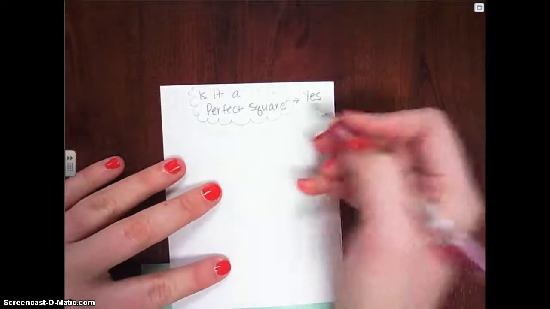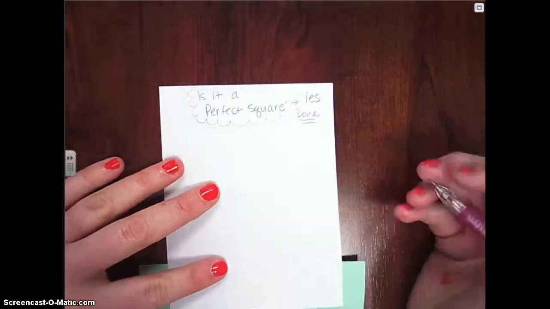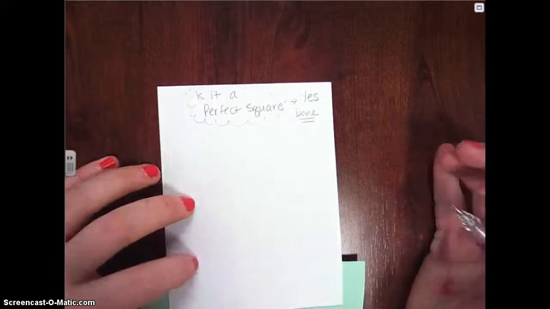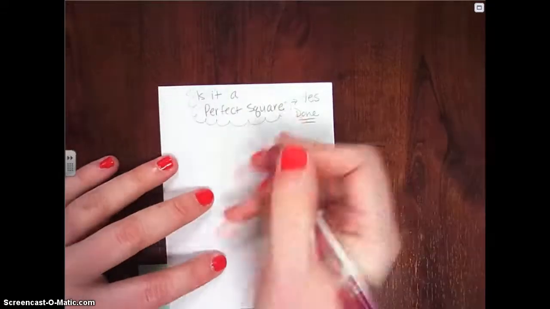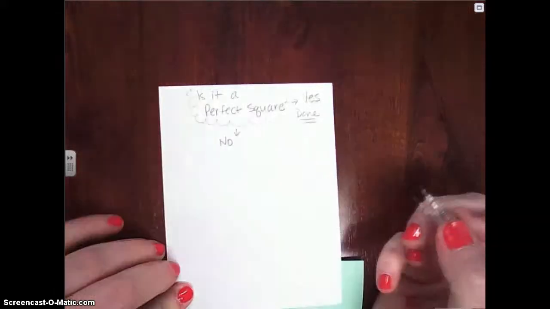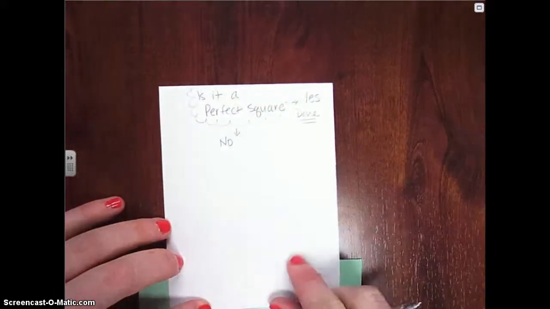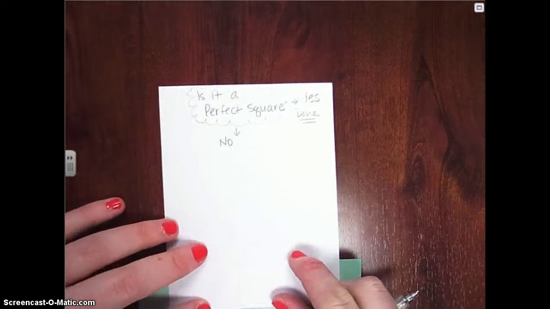And the answer is yes, you're done. Okay, you don't have to do anything, you don't have to simplify anything like that. Now if the answer is no, then that's where we're going to go from there. So that's what this page is going to be, how do you simplify a radical?